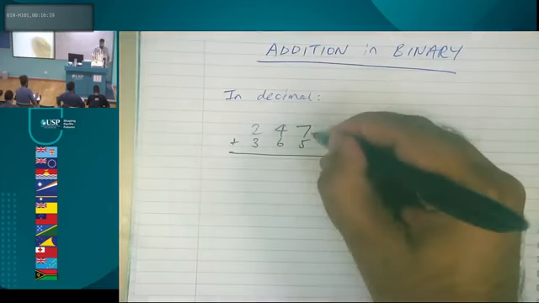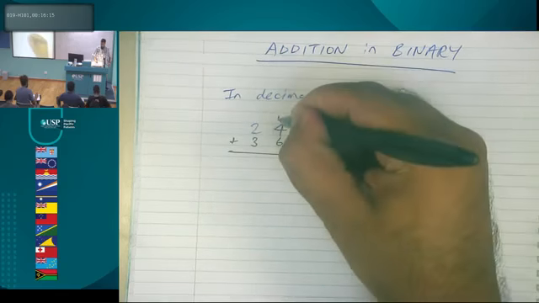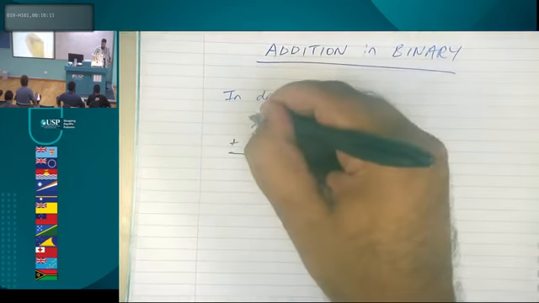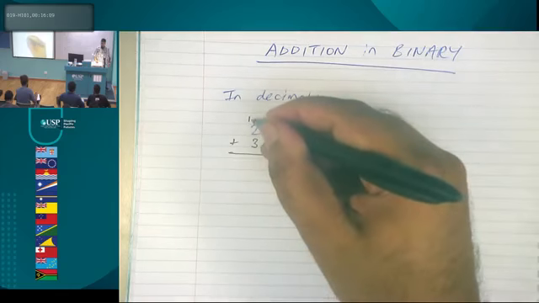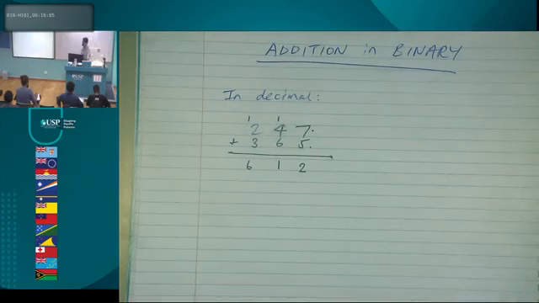We say 7 plus 5 is 12, 2 carry 1. 4 plus 6 is 10, plus 1 is 11, 1 carry 1. 2 plus 3 is 5, plus 1 is 6. Do you notice that when the sum has an extra digit, we do something called a carry.